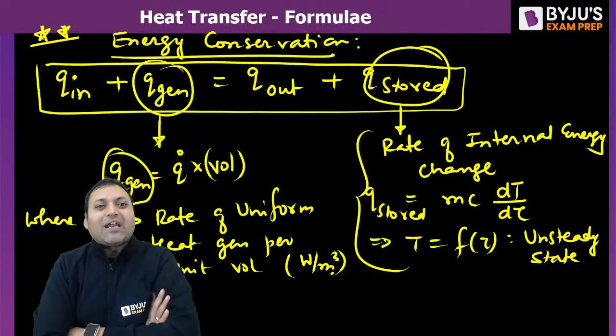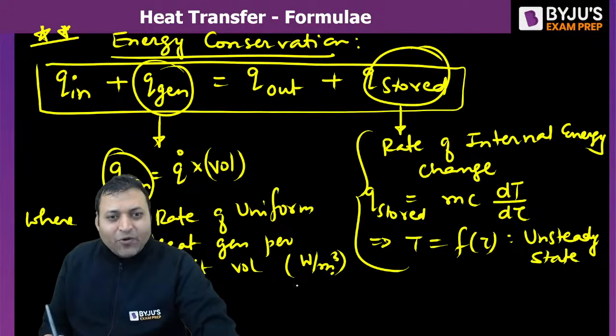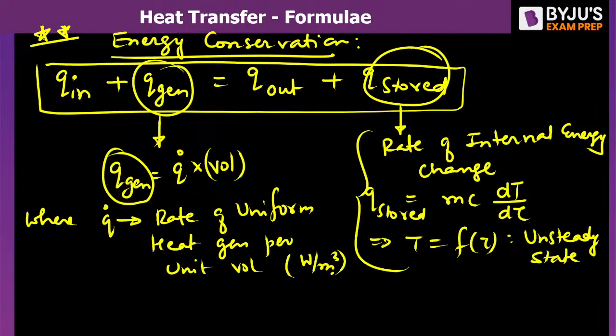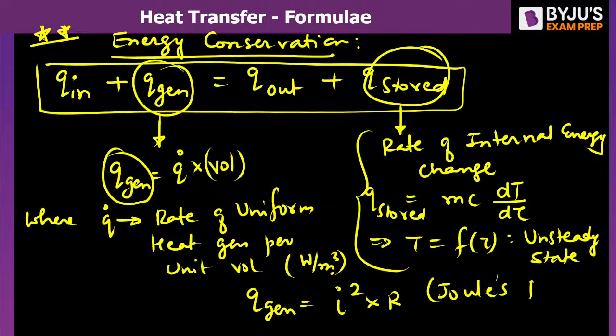That is I square into R. So for an electrical system, Q generated is equal to I square into R. That is Joule's heating, where I is the current and R is the electrical resistance. So this is how we can write the energy conservation equation.